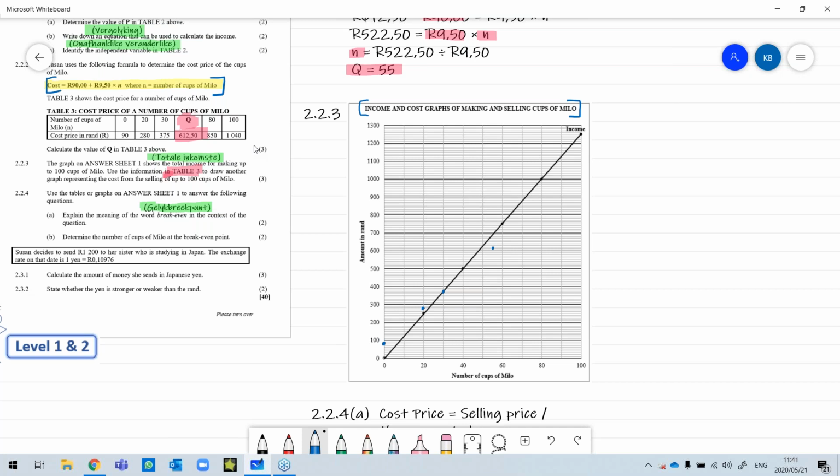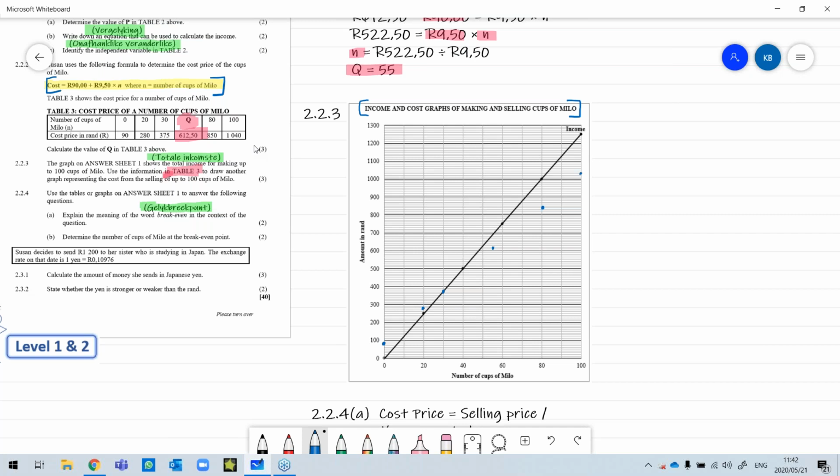Then for 80 cups, it is going to cost you 850, more or less over there. And then for 100 cups, it's going to cost you 1,040 Rand, which is more or less over there.